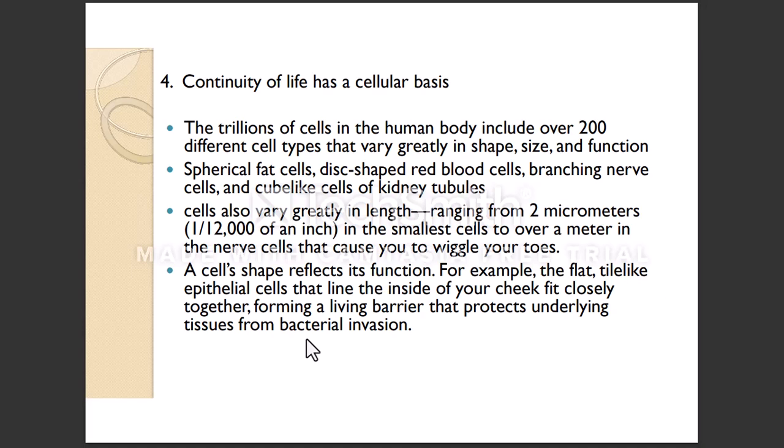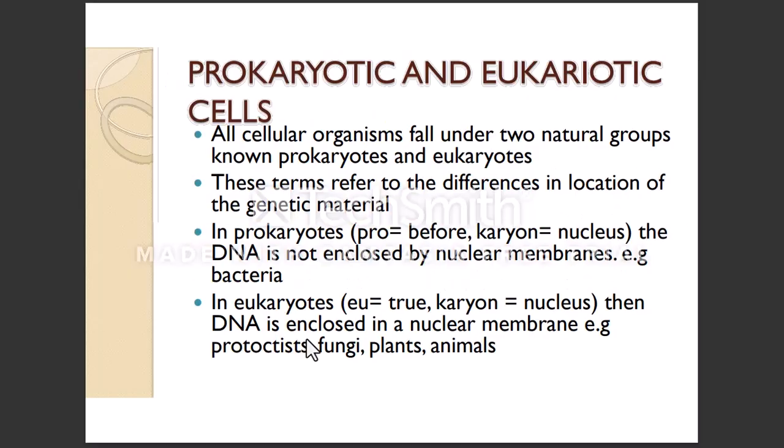For example, fat cells are spherical in shape, red blood cells have a disc shape, and nerve cells are branching. Like I said, we have different kinds of cells in the body, and each of them performs different functions.